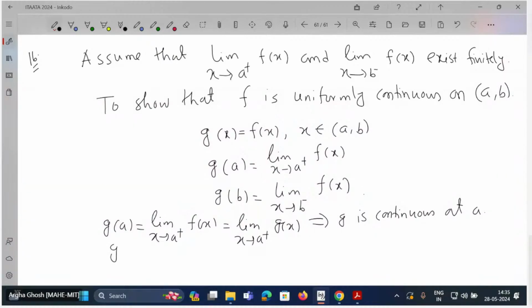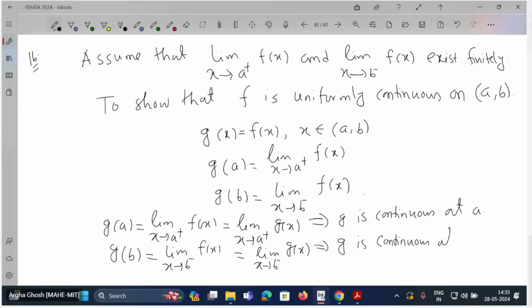and g of b similarly, g of b is limit x tends to b minus f of x. Again, x are the points in the neighborhood of b but not b. So in this case limit x tends to b minus g of x, and this will imply that g is continuous at b.